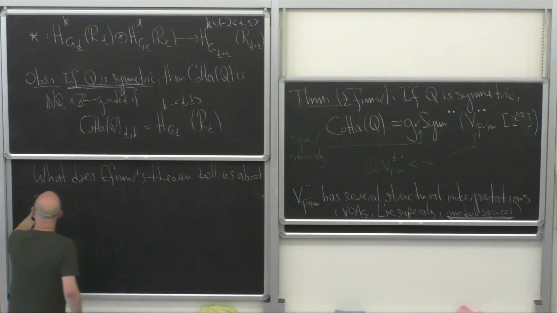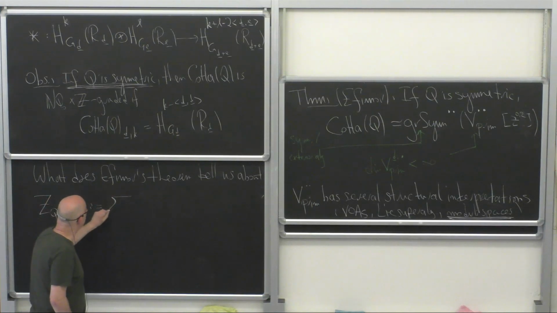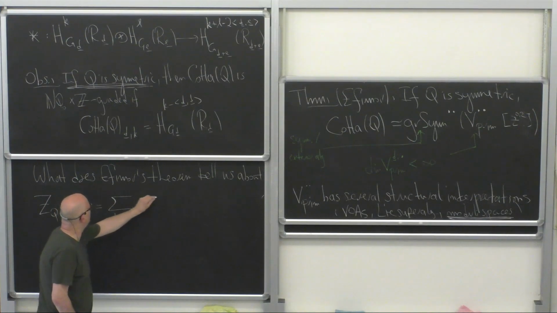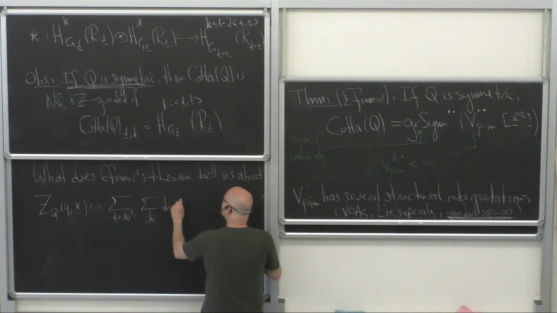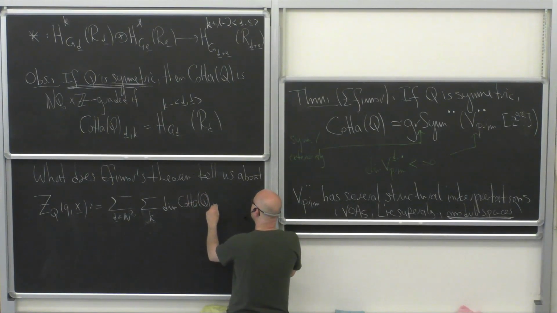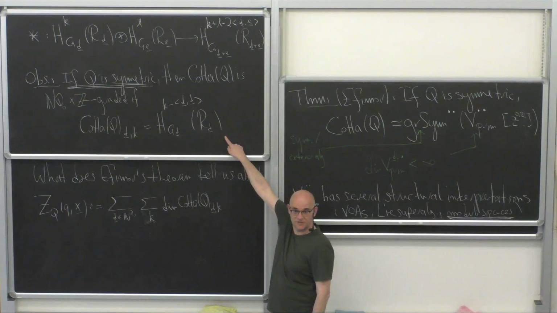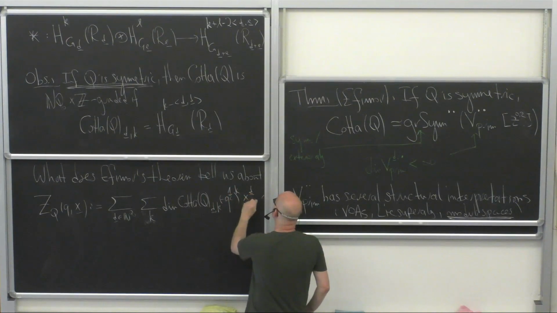about the following partition function Z_Q(q, x)? That is usually called the motivic generating function of the quiver. It is defined as follows: I take the sum over all d in N^{Q_0}, and the sum over all integers k, and then I take the dimension of Coha Q_{d,k}, this part with the new grading, times minus q to the 1/2 to the k, and then x to the d.